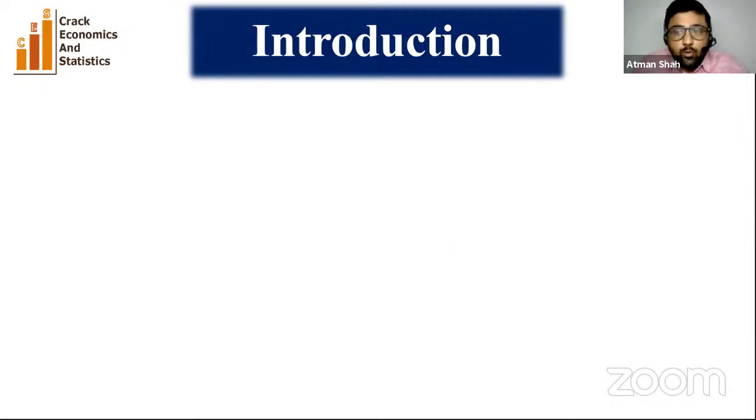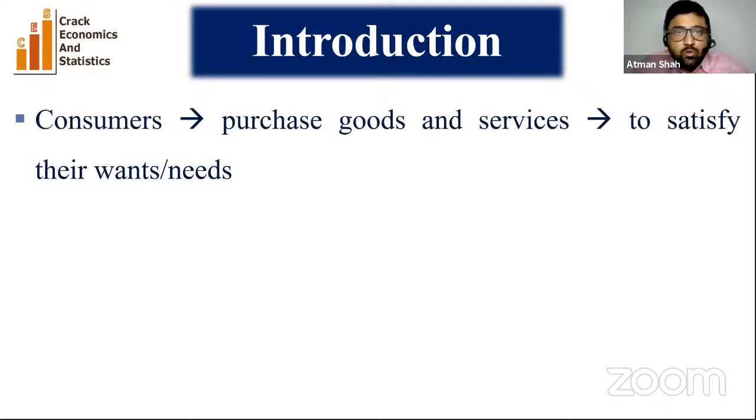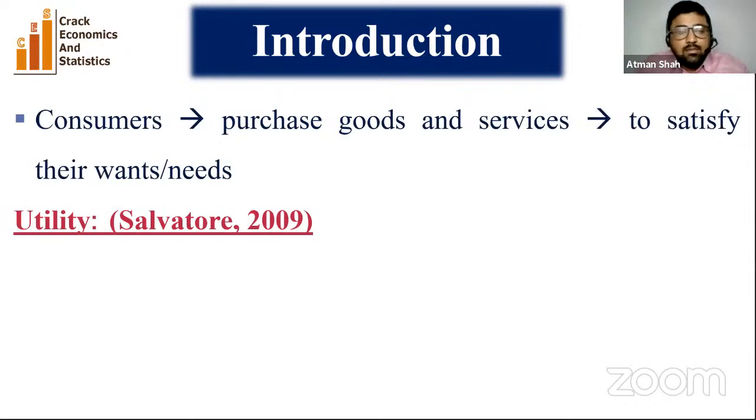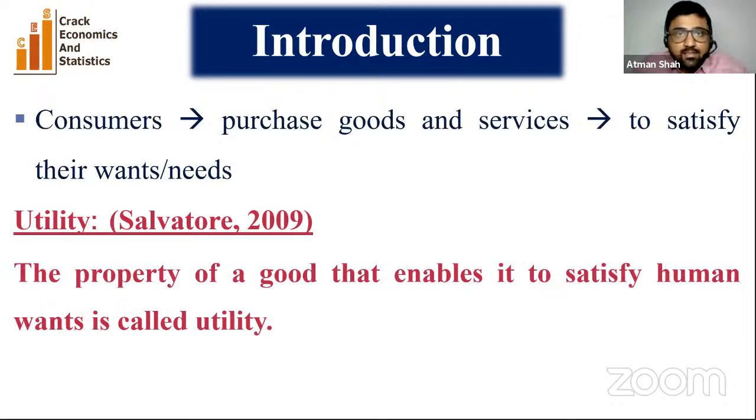Let's begin with the introduction. We know that consumers purchase goods and services to satisfy their wants, their needs. And the definition of utility is the property of a good or a commodity that enables it to satisfy human wants.